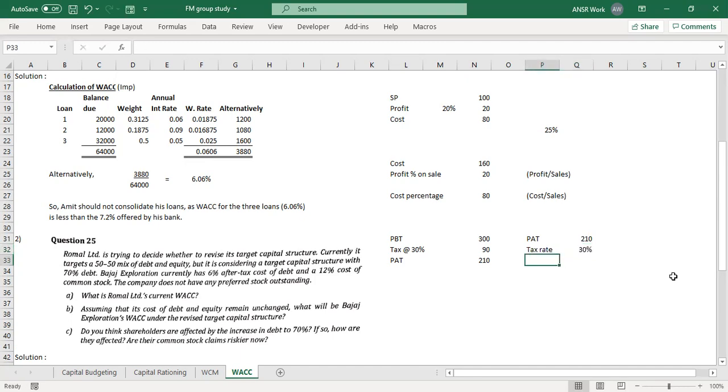Now I'll give you PAT of 210, tax rate of 30%. You give me PBT, profit before tax. I'm giving you the answer first, then I'm asking you the question, but you calculate that way. That will be easier for you.